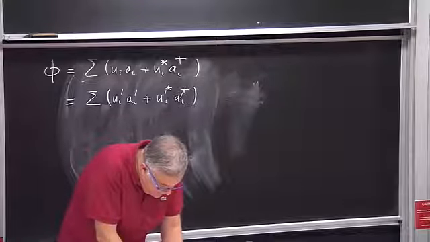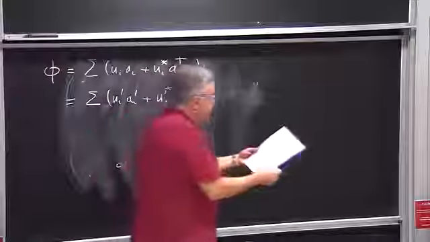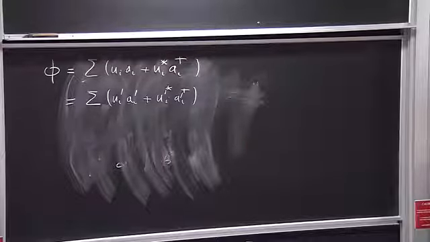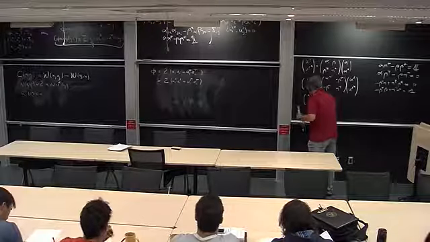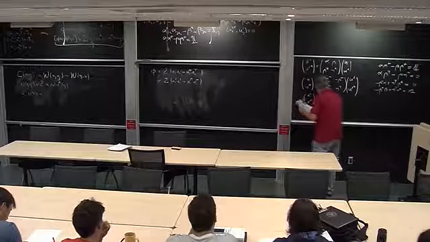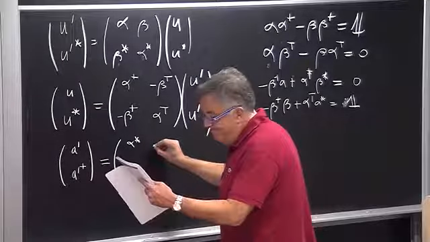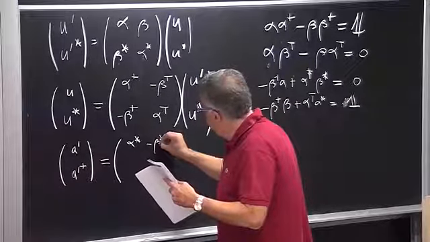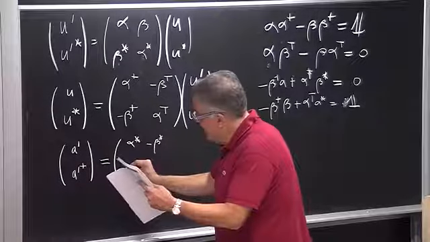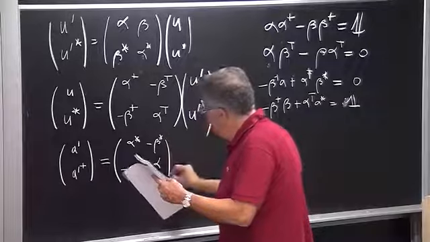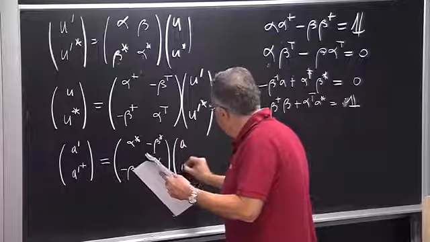And let me write, for instance, the transformation of the operator a prime dagger equal to alpha star minus beta star, minus beta alpha, a dagger.